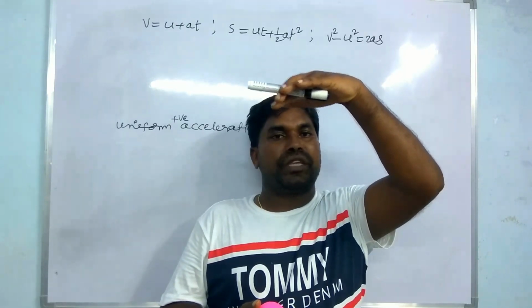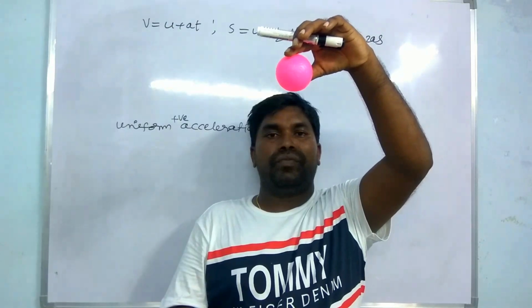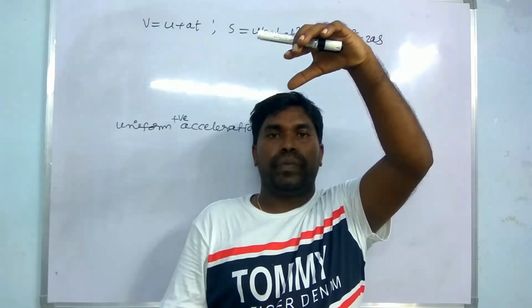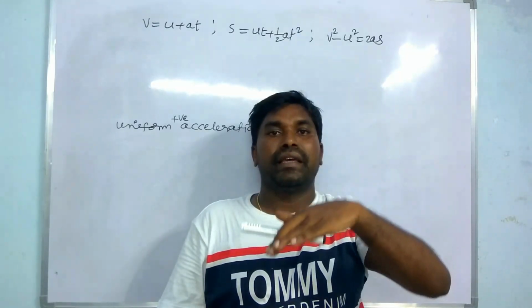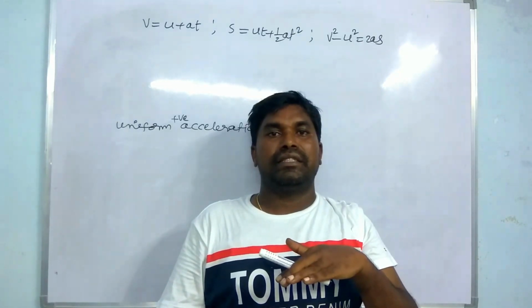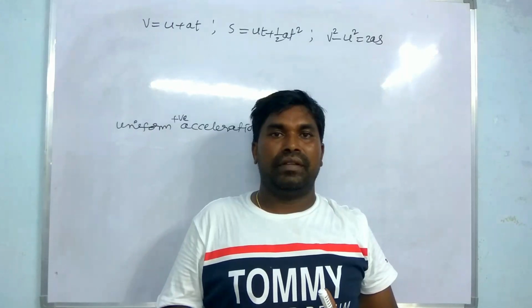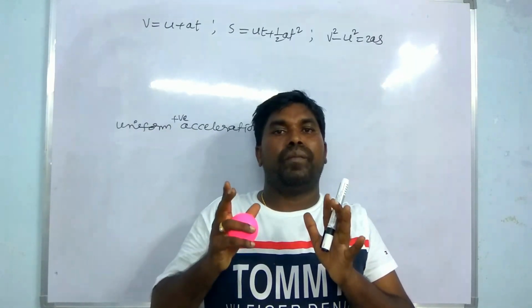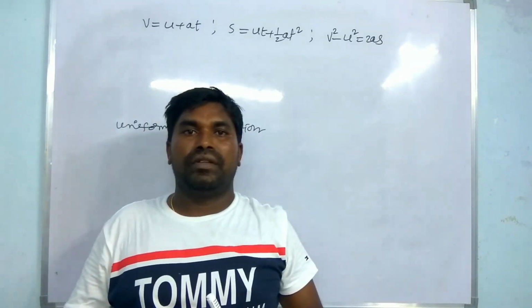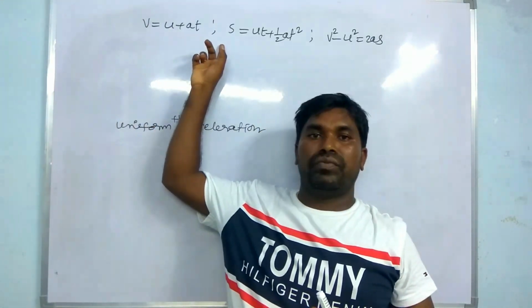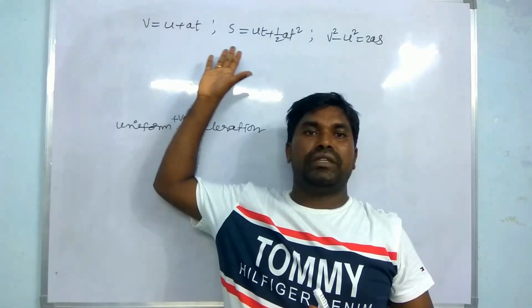So what I am saying is, in case of a freely falling body, the velocity increases and the acceleration is positive. In case of uniform positive acceleration, we can use the laws of equation of motion. That is the point I have to say.